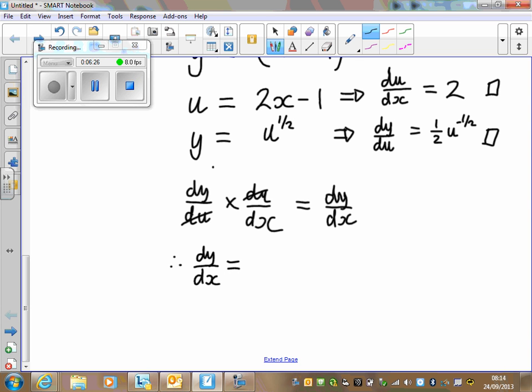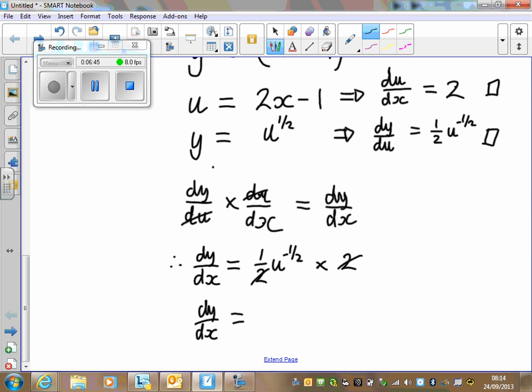So, dy/dx has to be equal to dy/du, which is half u to the minus a half, multiplied by du/dx, which is 2.